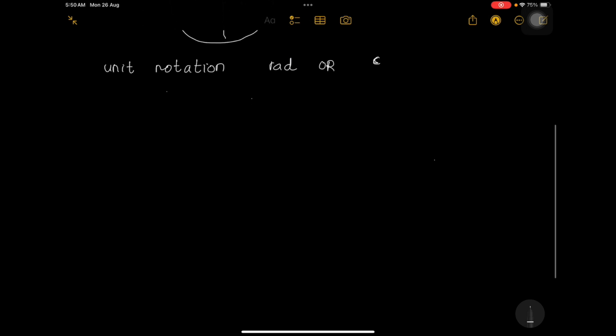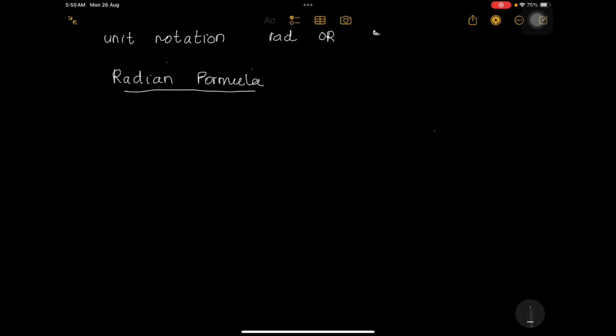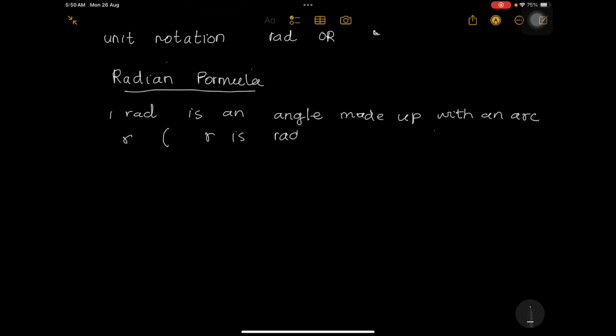Now let's derive the radian formula. 1 radian is an angle made with an arc r, where r is the radius of the circle.